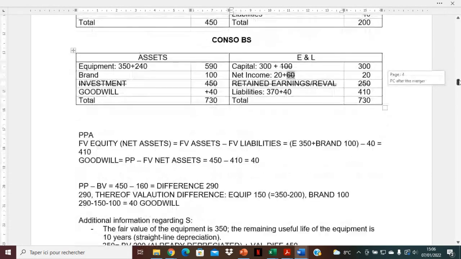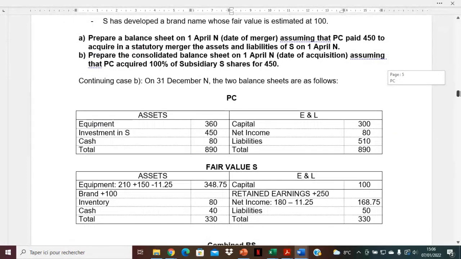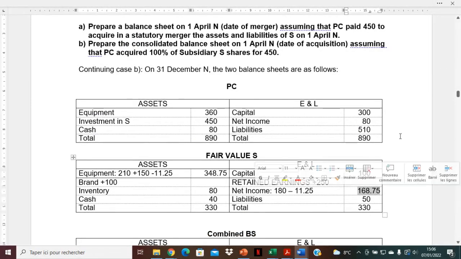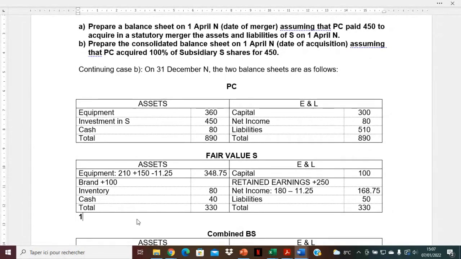Now I do the second consolidation at the end of the first year. And that means here the subsidiary has a total profit of 168. We agree on that. But this 168 is actually composed of two parts. 60 is pre-acquisition profit, and the other 108.75 is post-acquisition.